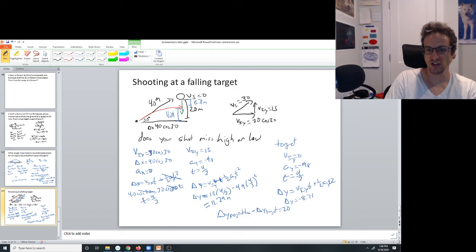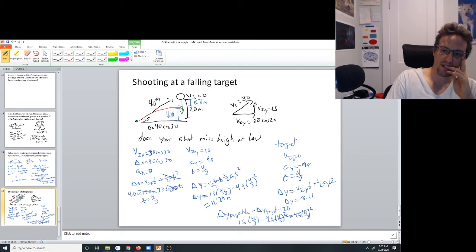And if we actually solve these two together, we get 15 times 4/3 minus 4.9 times (4/3) squared plus 4.9 times (4/3) squared. And so these two parts cancel out, leaving just this, which is of course 20. These two parts should always cancel out, the acceleration times the time squared. It works out. All right, that's it.